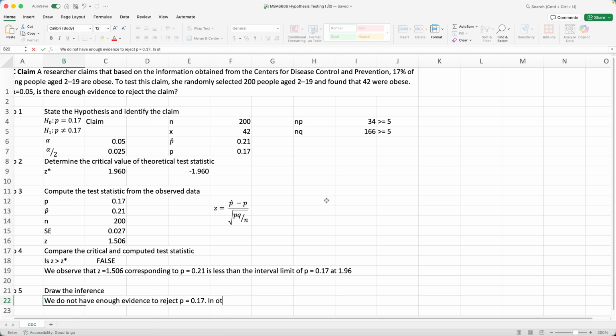In other words, the observed P hat equal to 0.21 is not statistically different from P equal to 0.17.